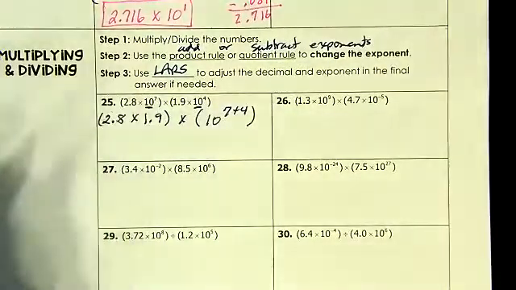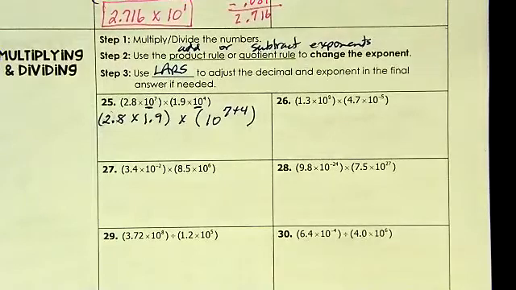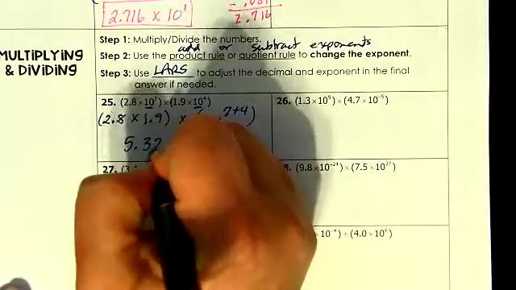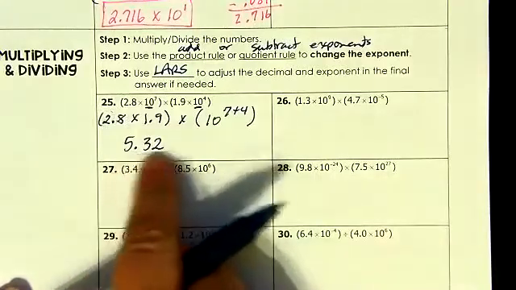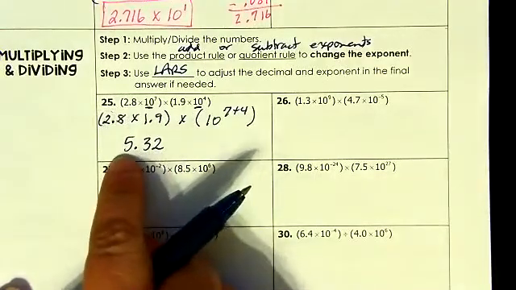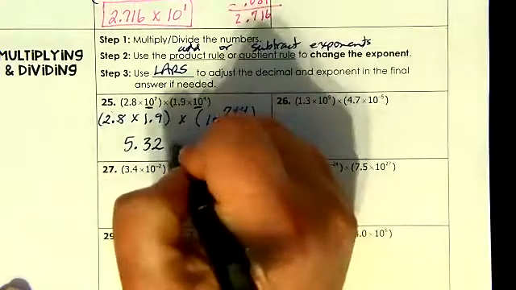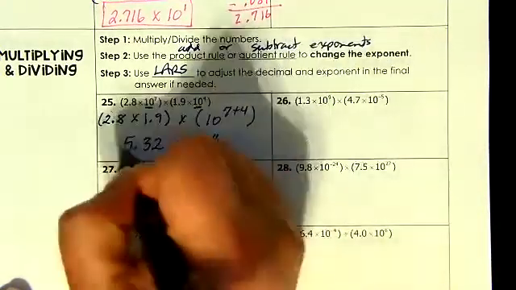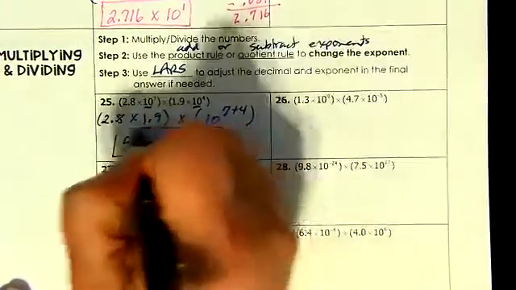So now in the handy dandy calculator, I'm going to do 2.8 times 1.9, which gives me 5.32. I don't have to worry about changing this because this is correct. It's one digit before the decimal. Times 10 to the 7 plus 4 is 11. There is my final answer.